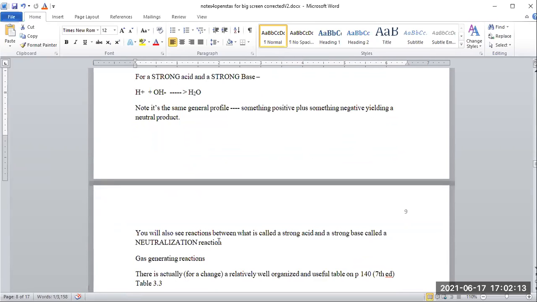acid-base reactions. We are going to be doing some titration labs that involve neutralization, canceling an acid out with a base, or you could do it backwards. You could cancel out a base with an acid. All of those are referred to as neutralization reactions.